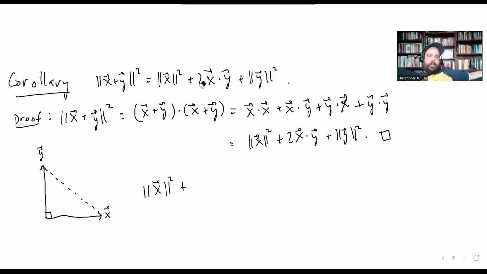Actually, let me do it the other way so I can use the sum. Let me make the parallelogram here. So we have this rectangle, and let me use this one so I can use the sum of the two vectors. The diagonal here, if you remember, is x plus y.